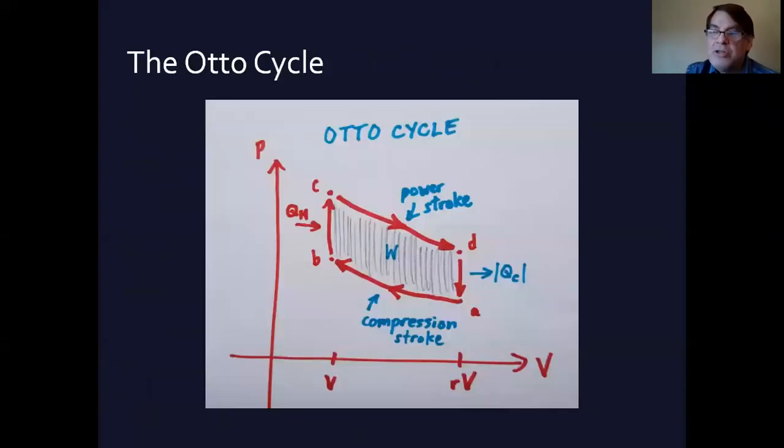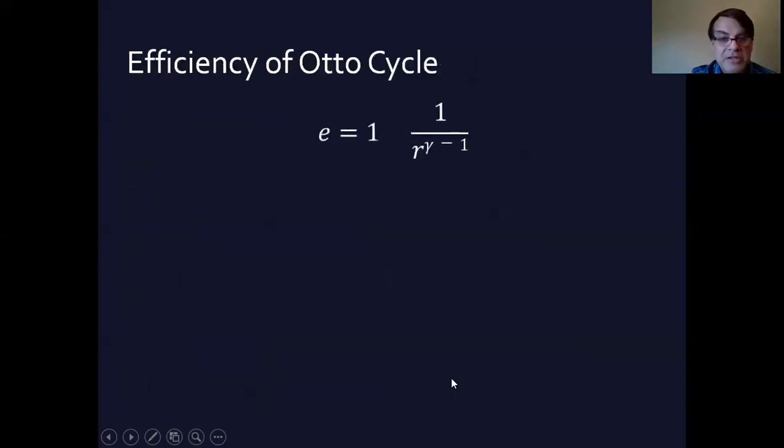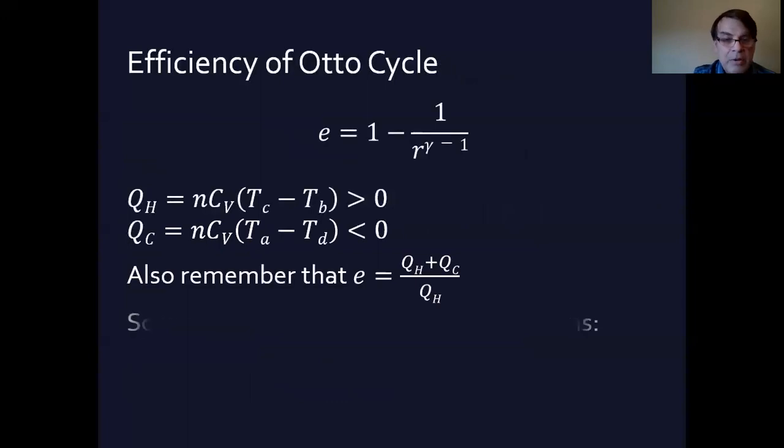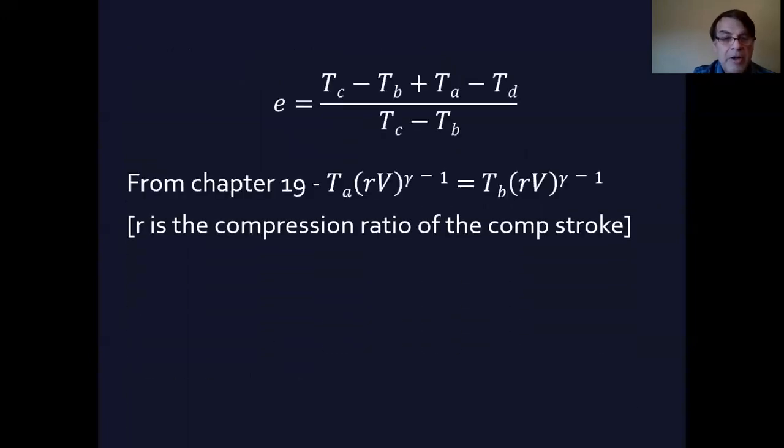Now, I just mentioned that this cycle in physics is called the Otto cycle, not the auto, as in drive auto, but the Otto cycle. Okay, so we start at point A. At point A, you have a certain expanded volume. R is the compression ratio.